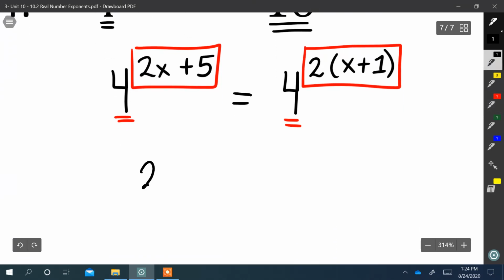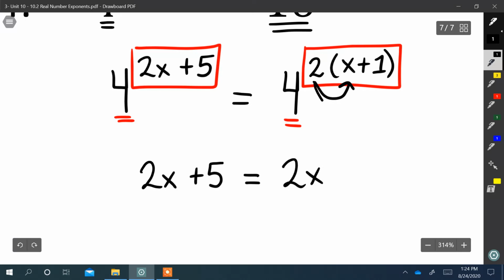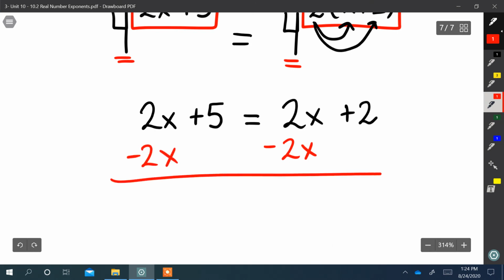So now I have 2x plus 5. That better equal, well, let me actually distribute as I write this down. We have 2x there, and then 2 times 1 will be 2. When I subtract 2x on both sides, what's going to happen in here is something that has happened before, and you have seen this before.